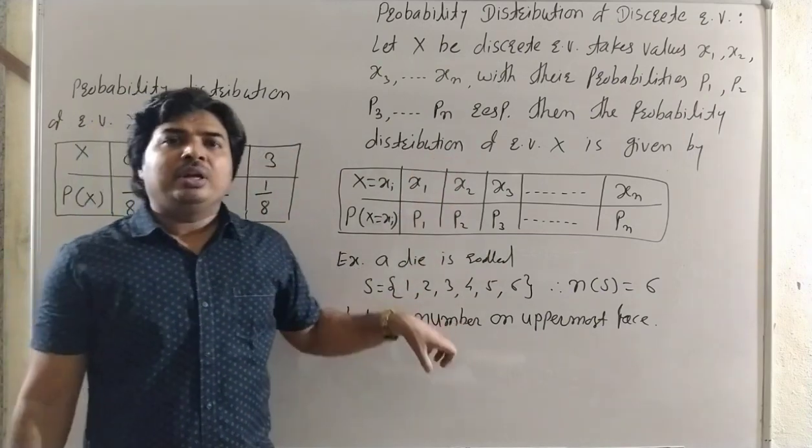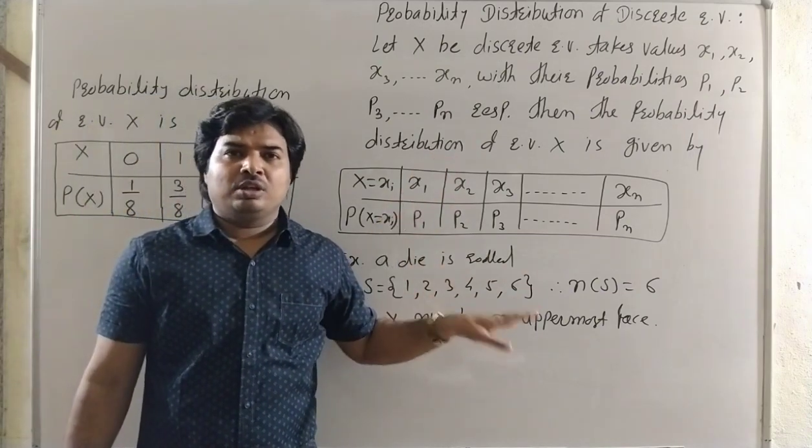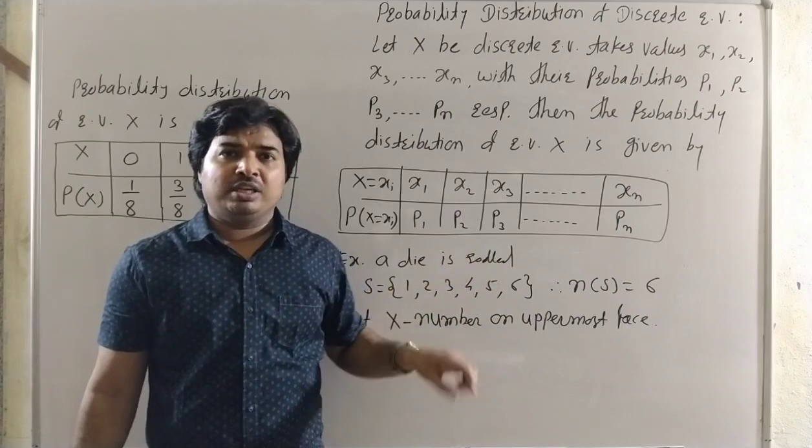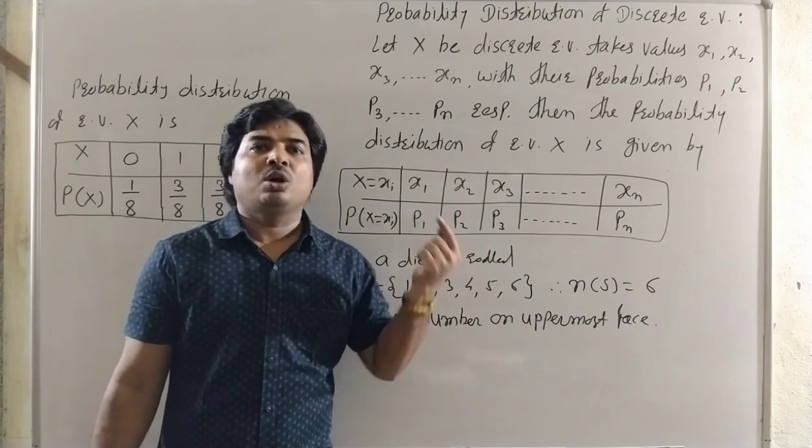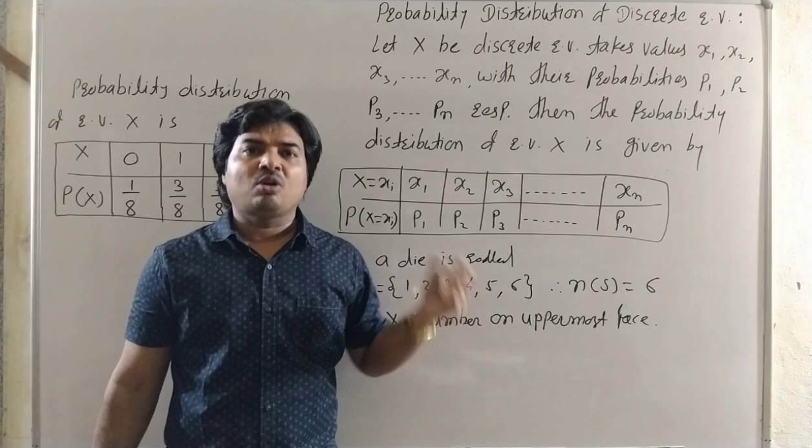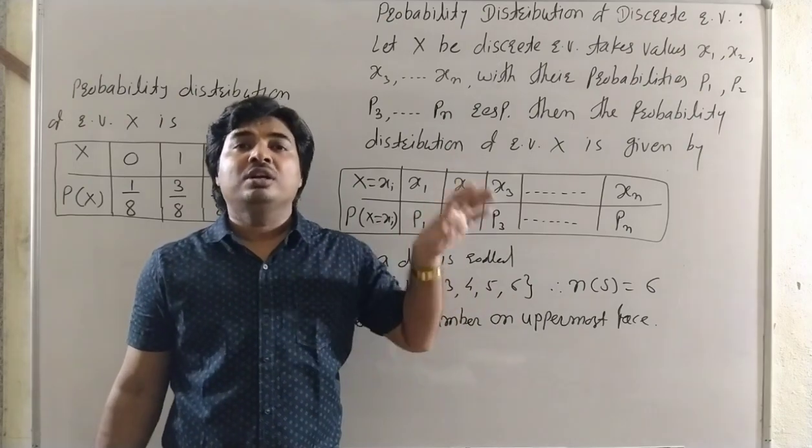When a die is rolled, the number on the uppermost face is either 1 or 2 or 3 or 4 or 5 or 6.